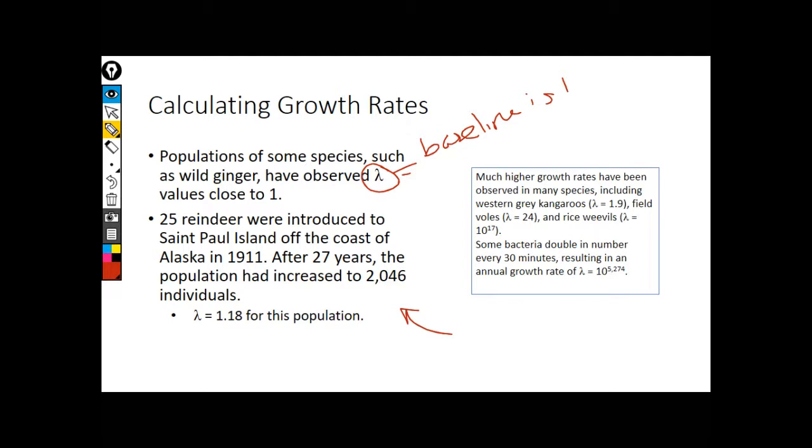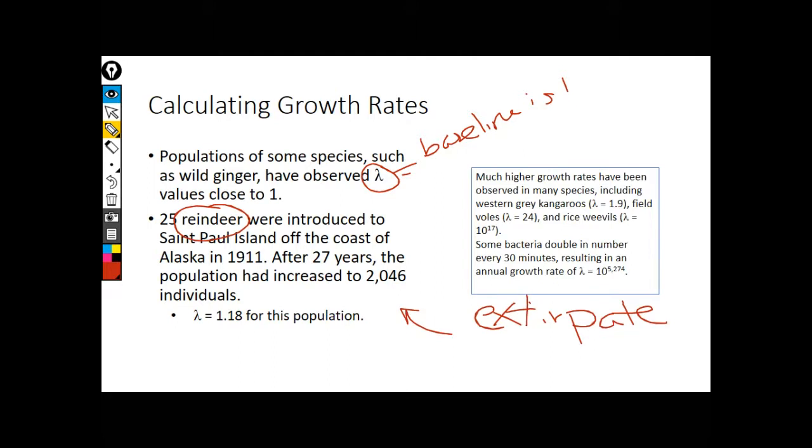Okay, extirpation means they're dead, but they're only dead from a specific area. So reindeer were extirpated from a specific area. Reindeer still exist in the world, but not on St. Paul Island.